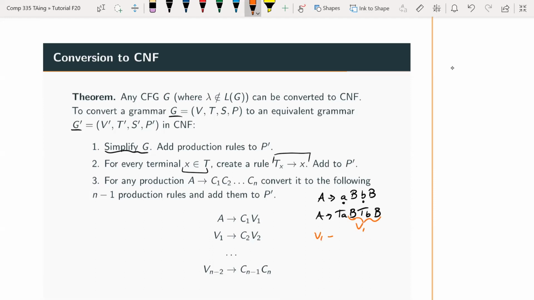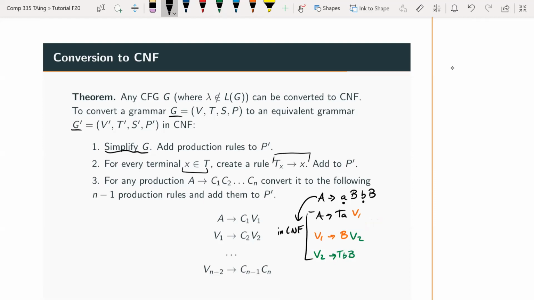So variable 1 is going to give you B, T_bB. And then you're going to take this, call it variable 2, and make variable 2 give you T_bB, so that now you can remove these two variables and get V2, and then remove these two variables and get V1. And now this is indeed in CNF, right? This production rule has been converted to an equivalent CNF form, okay?